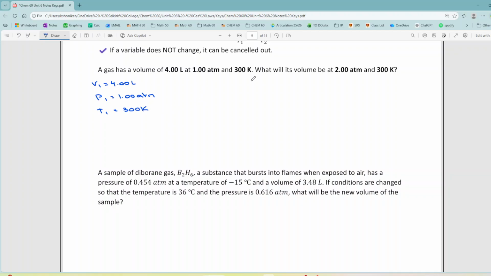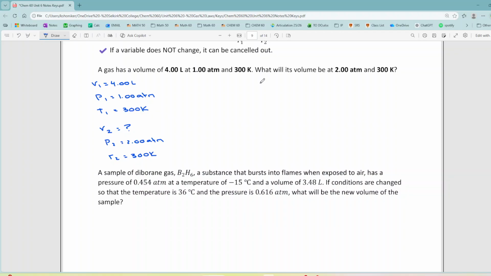You'll notice they don't mention moles of gas, we just assume that remains constant. Then it says, what will its volume be? So what will be V2 if P2 is 2 atmospheres and T2 is 300 kelvins?